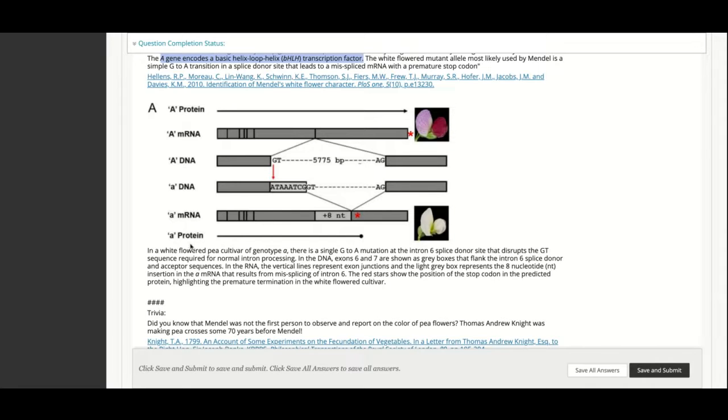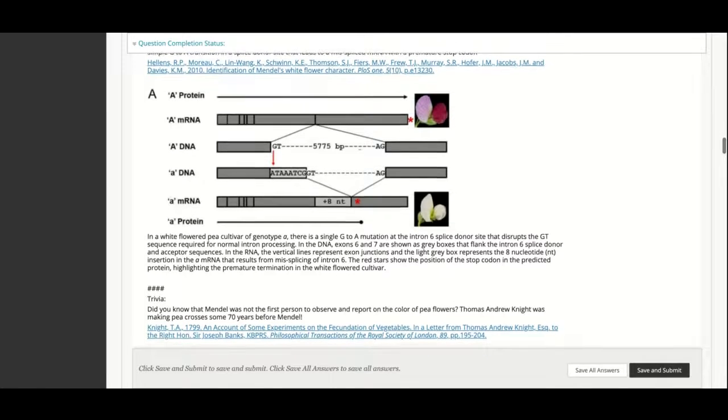So if the action of this transcription factor affected the action of this other transcription factor, then you wouldn't get the dominant color. You would get white if it fully disrupts the action, or somewhere in between, which should be like you have some pigment made, but not all pigment made.